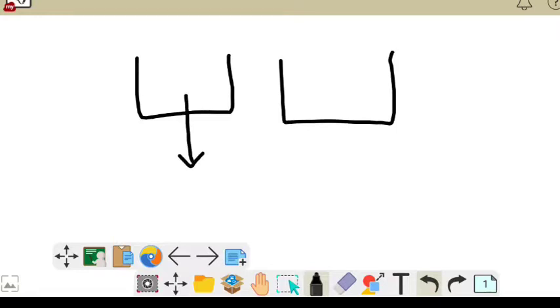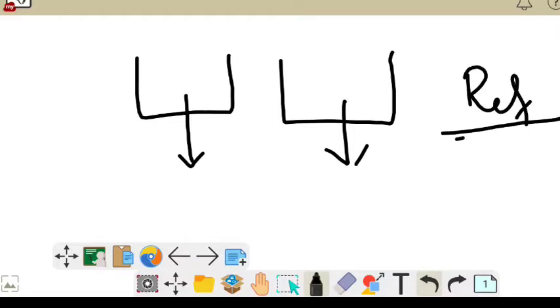We can calculate individual potential with the help of a reference, and that reference is called the standard hydrogen electrode, in short SHE.